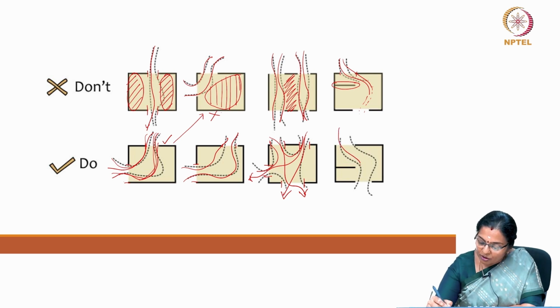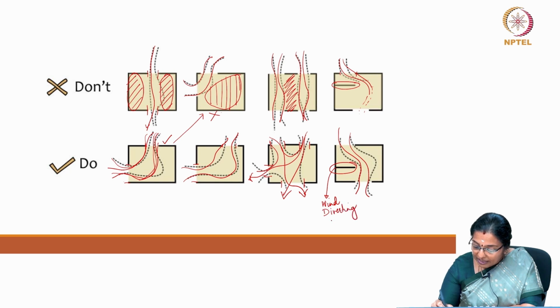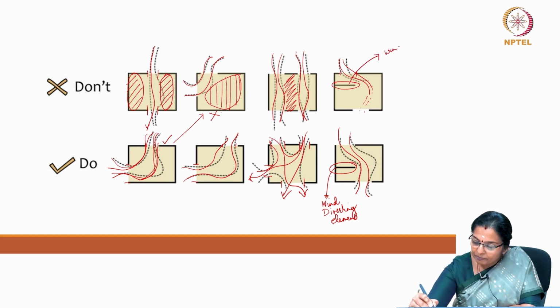So, if it is not placed close to the inlet window, this element will be used more for diverting the breeze. So, this is more of a wind diverting element rather than a wind blocking element.